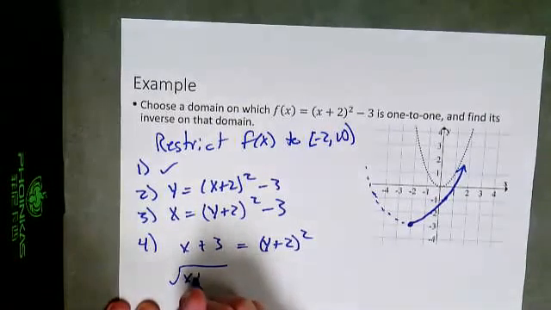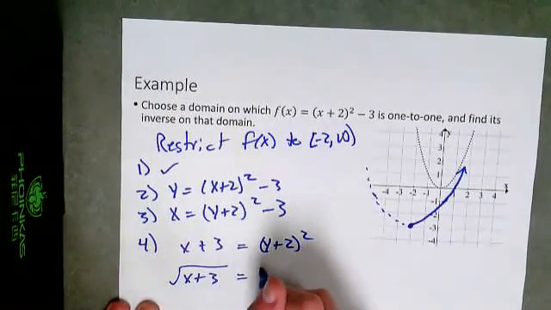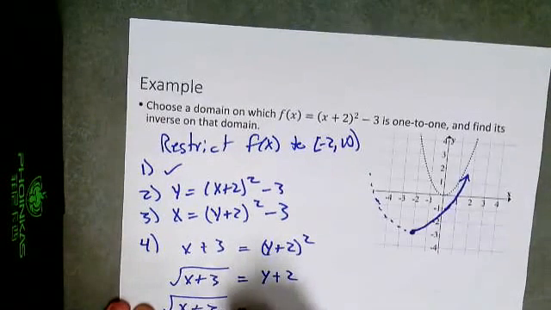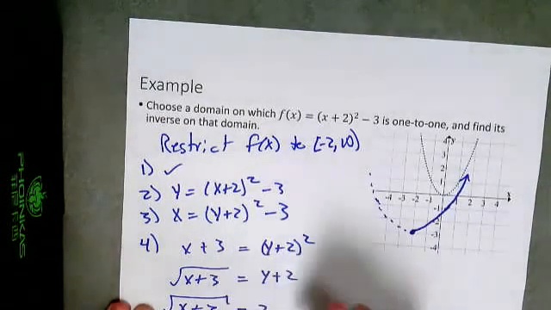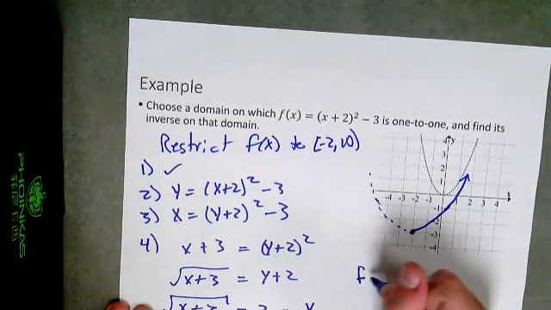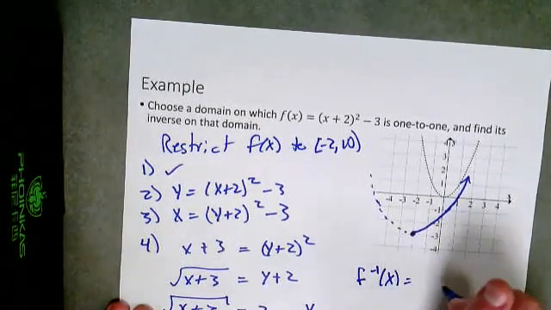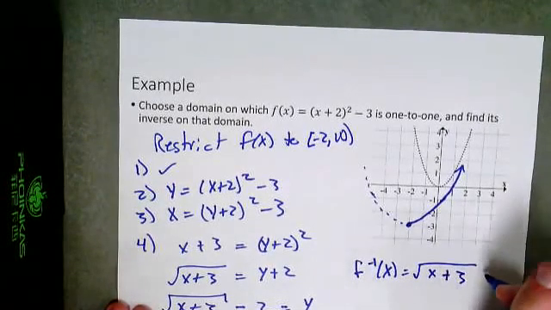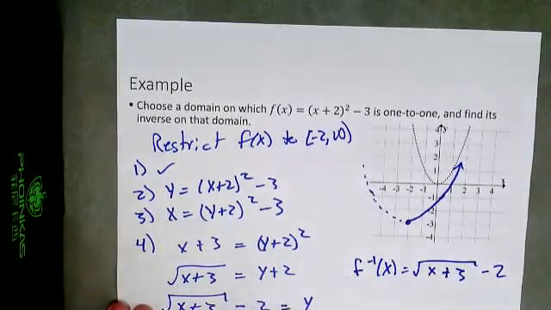Take the square roots on both sides. Square root of x plus 3 is equal to y plus 2. And then finally, square root of x plus 3, minus 2 on the outside, is equal to y. And so we would have f inverse of x is equal to the square root of x plus 3, minus 2 on the outside.